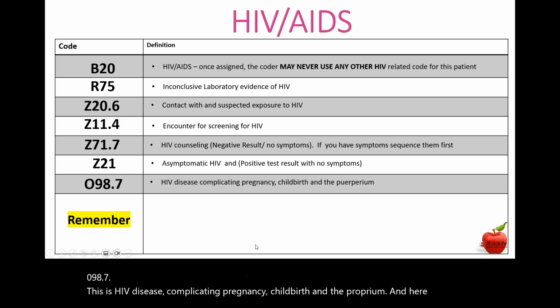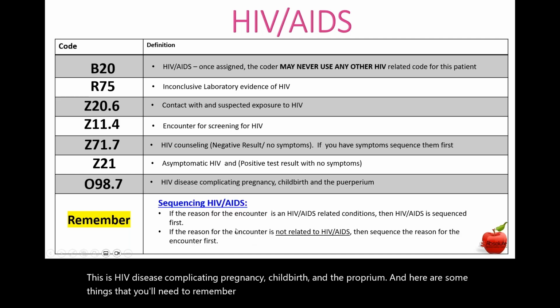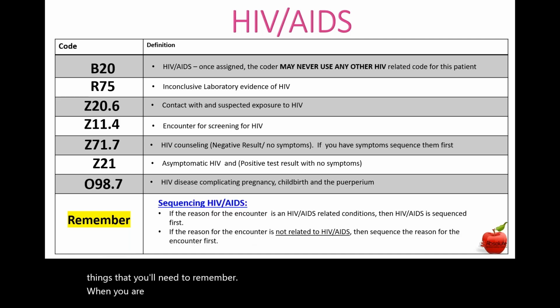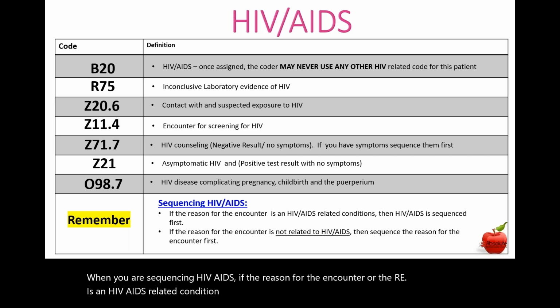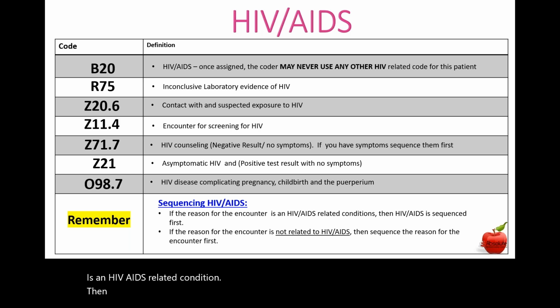And here are some things that you'll need to remember. When you are sequencing HIV/AIDS, if the reason for the encounter, or the RFE, is an HIV/AIDS related condition, then HIV/AIDS is sequenced first. It's not going to make as much sense as when you see it in an example, and you will see it today.